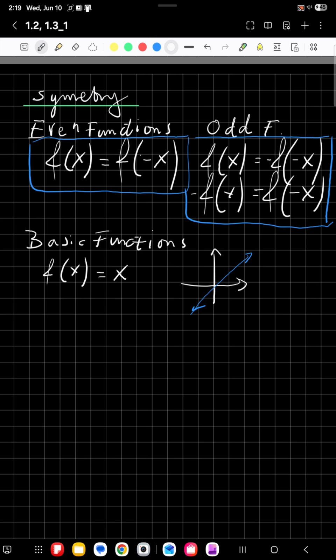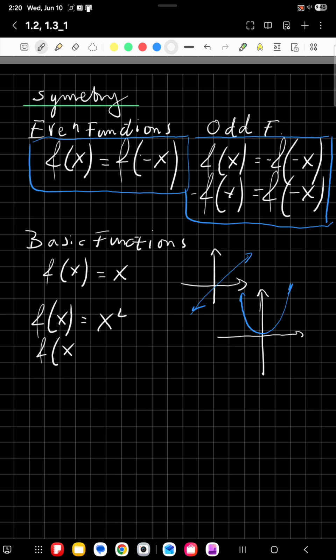The second one is x squared. That's a simple parabola. I'm just sketching it quickly. Okay, next one is I have cubic function, so f of x equals x cubed.